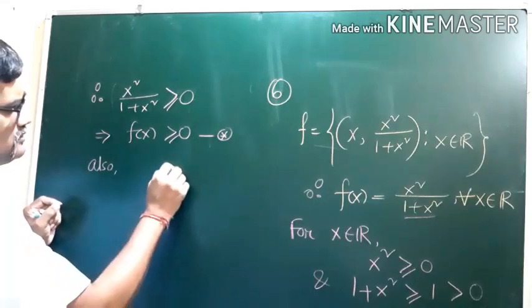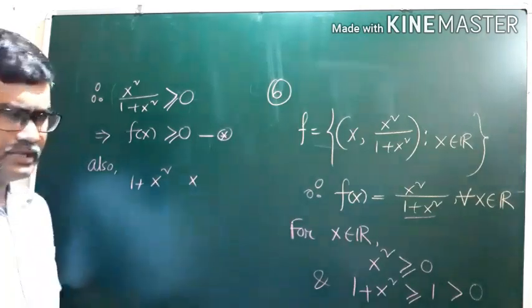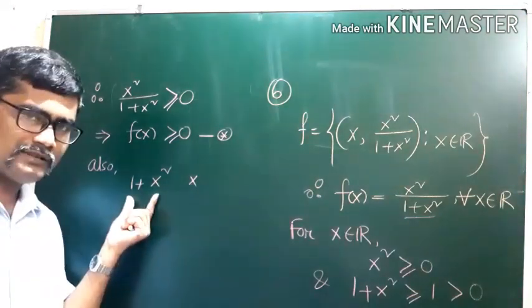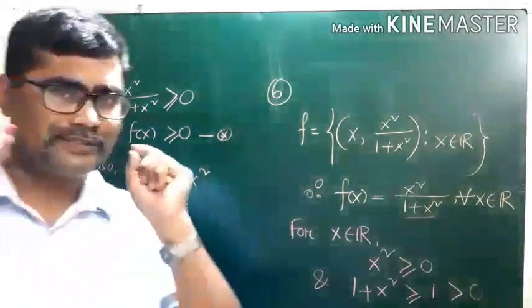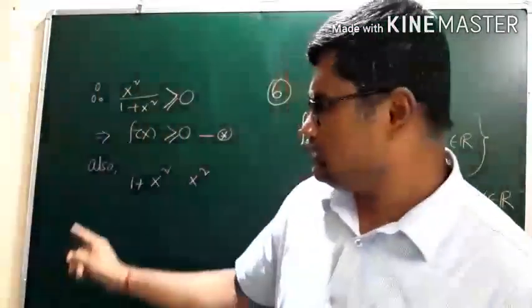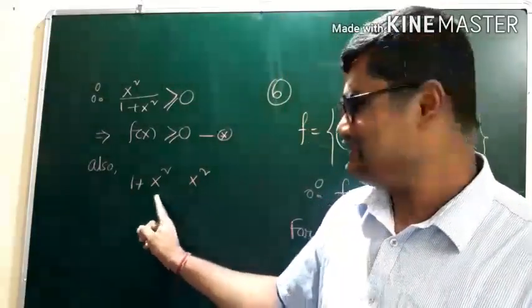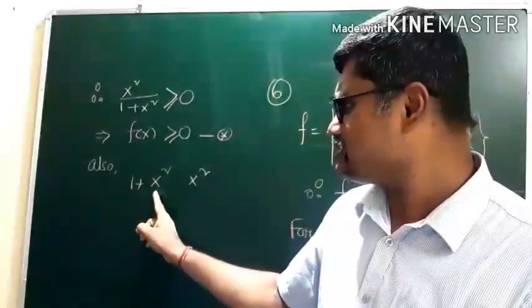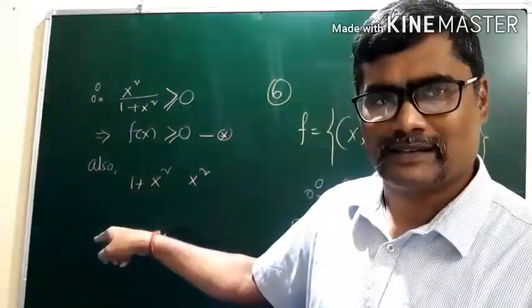also if I ask you to compare these quantities, one is 1 plus x square, another is x square, what does your logical mind say? Is it not bigger than this? Yes, obviously, because this is x square, always positive, and this is x square with one more extra.